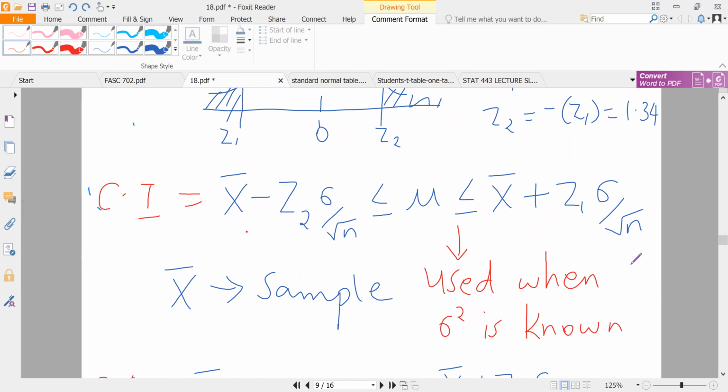This expression here is what we are going to use because sigma is known, and then we also know the corresponding standard deviation for the population.